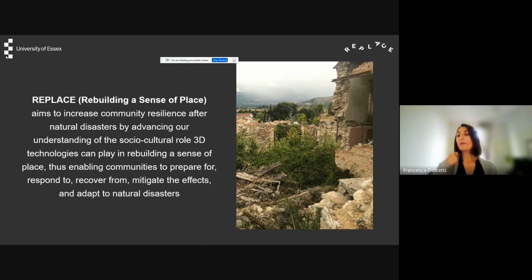So to conduct in-depth investigation and demonstrate the impact of 3D technologies, the project has selected case studies in Italy, which unfortunately is a country prone to recurrent earthquakes, with historical significance to heritage and community resilience.